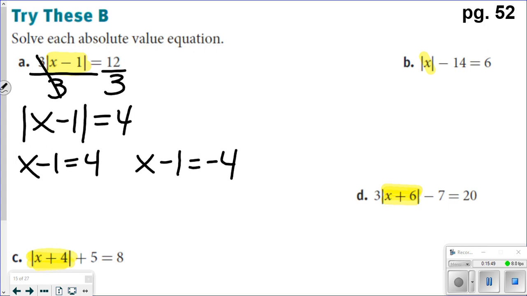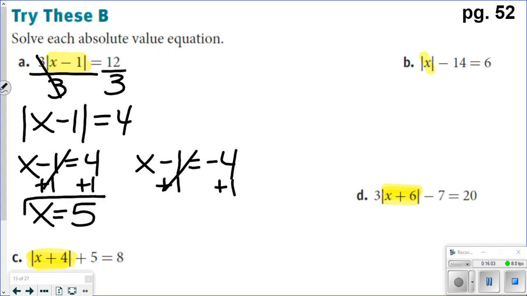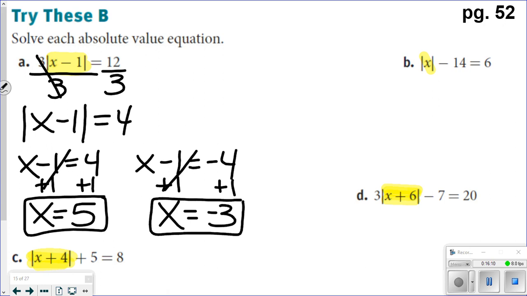So continue to solve that. You can do it. Pause if you need to. X equals 5. X equals negative 3.